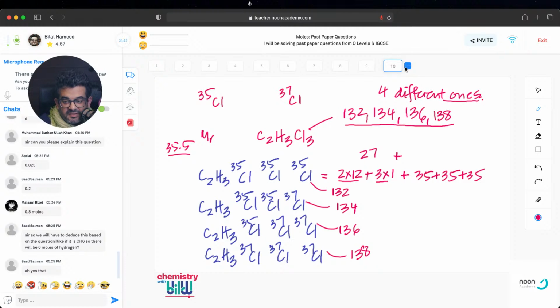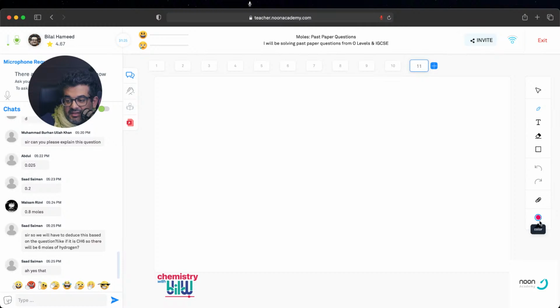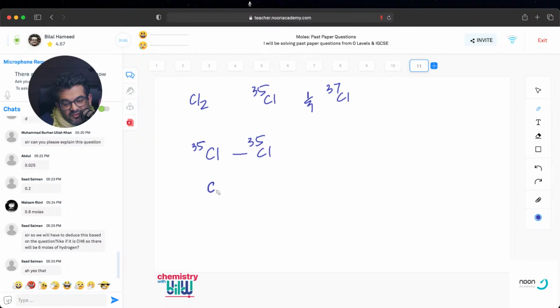Now, let me explain this again with another example. Let's say I have the Cl2 molecule. Now, a Cl2 molecule can have how many different MRs, if I ask you this? Well, given that chlorine has 35 and 37 isotopes, the 2 chlorines in a molecule can both be 35s.